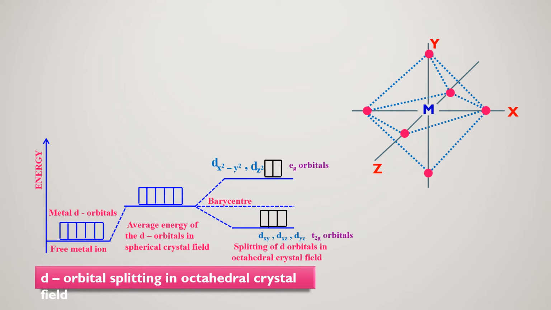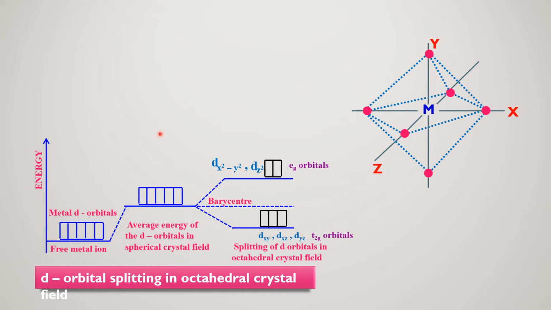Whichever orbitals lie on the axes, dx square minus y square and dz square, together we call eg. And dxy, dxz and dyz together we call t2g.